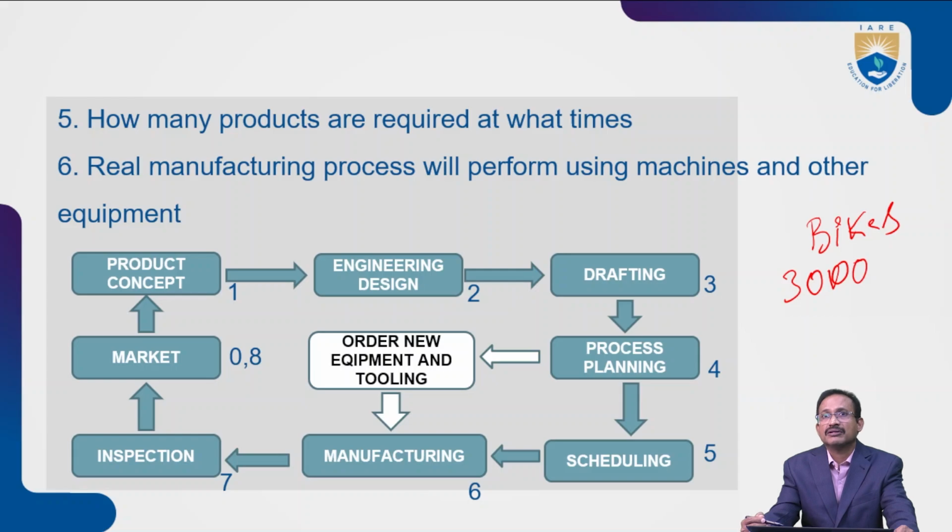Suppose we take a small example. The canteen of an engineering college operates in regular conditions. Suppose the college is conducting one examination on the college premises. Let us say the college is the examination center. So along with the regular students, some other students from outside will come.